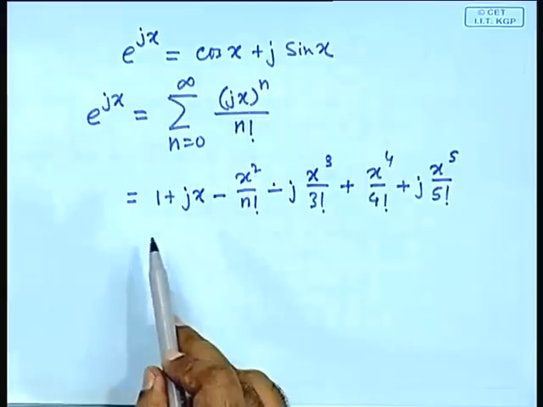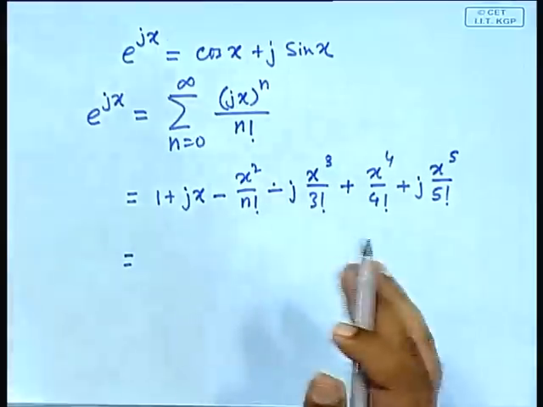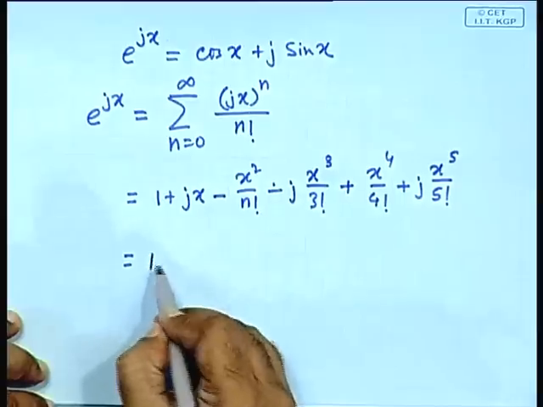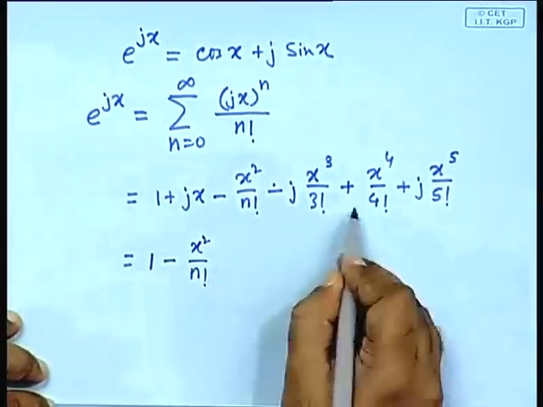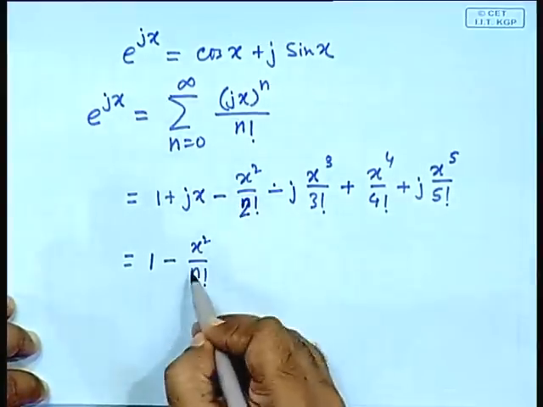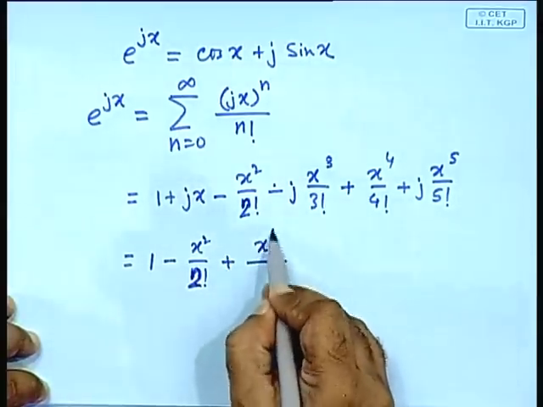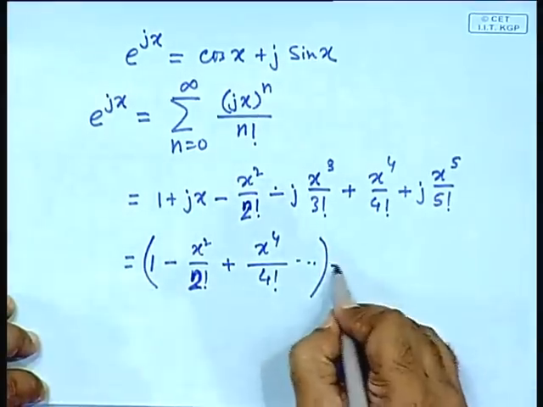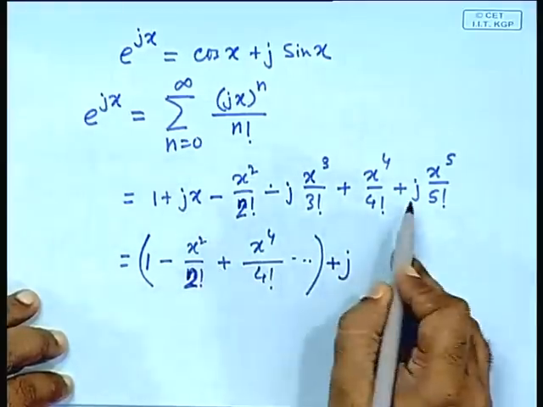Then club some of them together. We will first put together the even terms: 1 minus x squared by 2 factorial plus x to the 4 by 4 factorial and so on and so forth, in one bracket, plus we will take the j out, as the common factor is j.